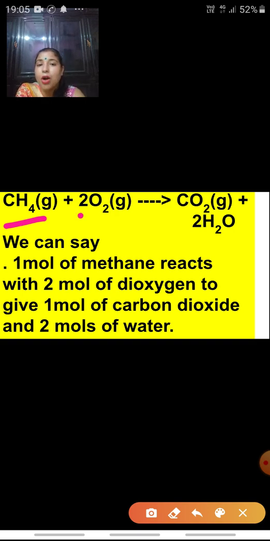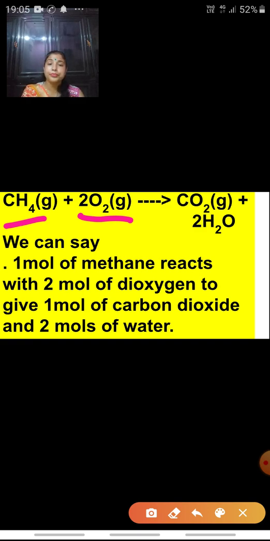In front of oxygen, 2 is written. That means 2 moles of oxygen is present. Similarly, in front of carbon dioxide, nothing is written. That means we'll assume that there's only 1 mole of carbon dioxide. And the fourth one is water. 2 moles of water is there.